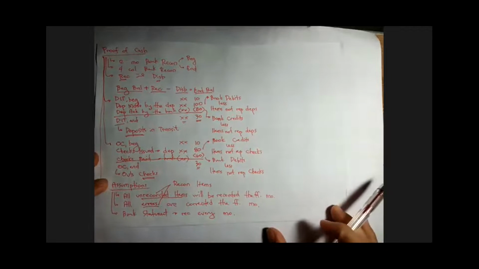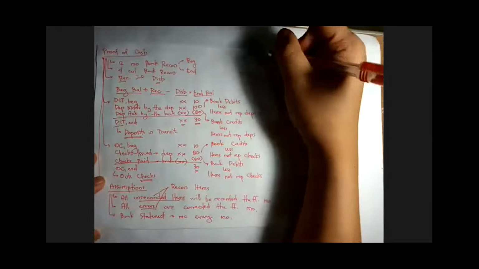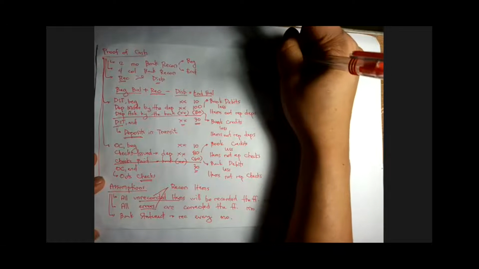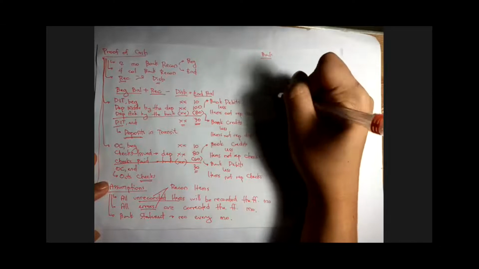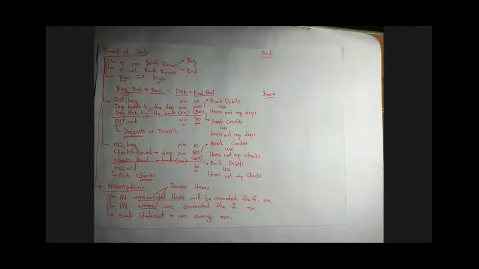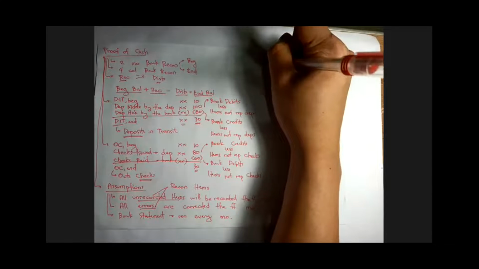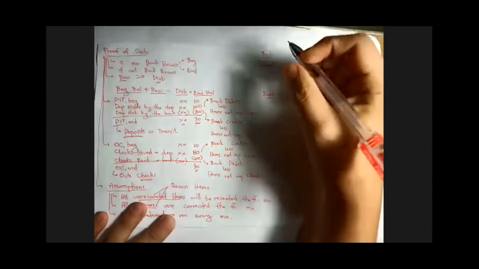So next, punta tayo sa proof of cash procedures. So once again dito, kailangan mo pa ring i-reconcile si balance per bank at si balance per book. Sa balance per bank, meron tayong 4. Meron tayong beginning balance of cash. Let's say, sabihin na natin beginning balance natin of cash is June 30.